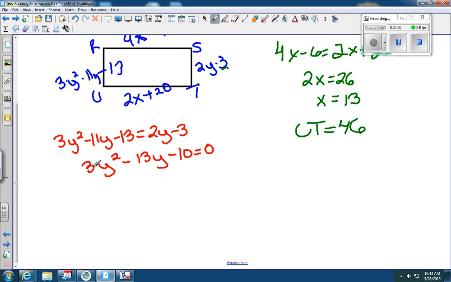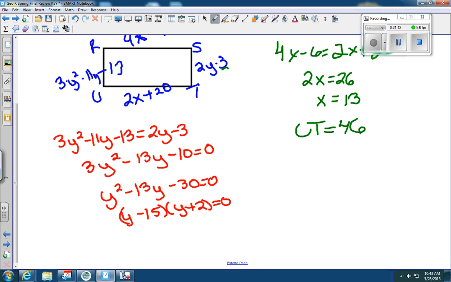I'm going to use the slide and divide, so slide my 3 to the end, and I get y squared minus 13y minus 30 equals 0. My factors of 30 that add up to give me negative 13 are y minus 15 and y plus 2. And then I have to remember to go back and divide by that 3.